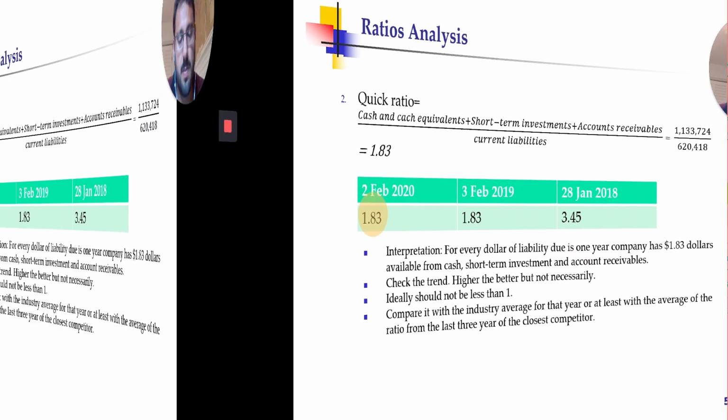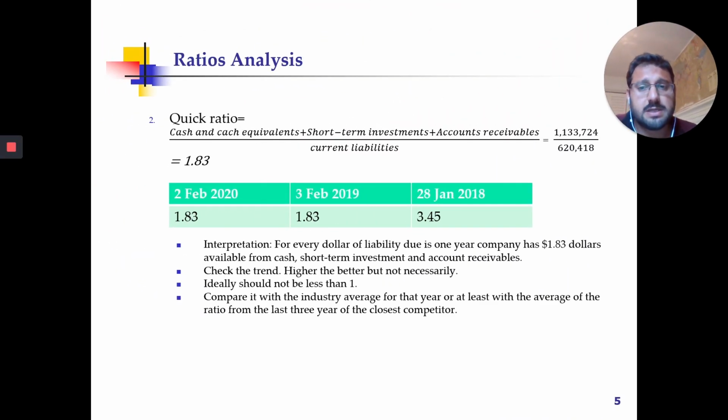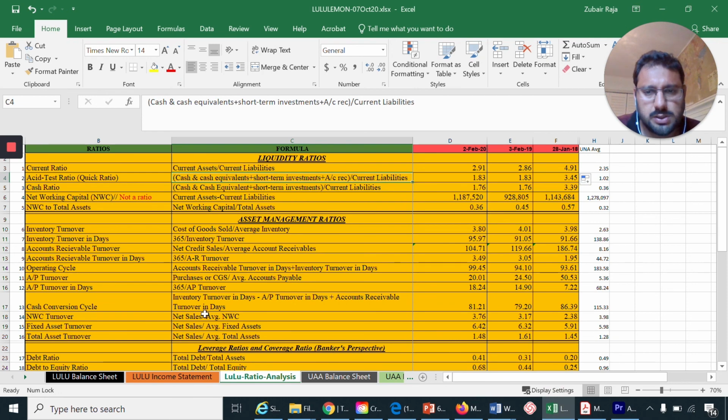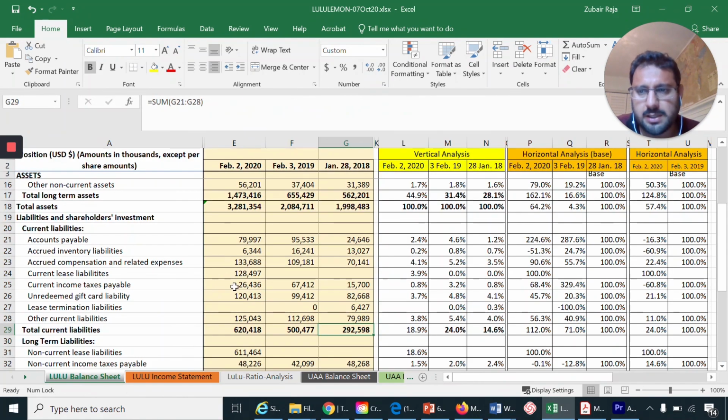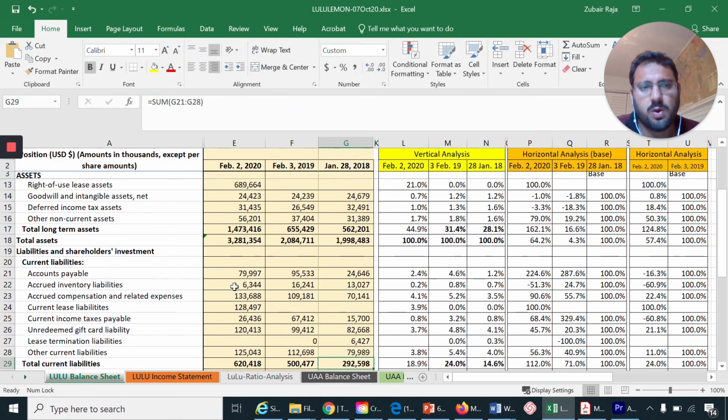One question that obviously comes to your mind is why there is a sudden jump over here. So I tried to figure out what could be the reason, and I figured out that there are two items which actually increased. We know that in the numerator you have the cash, short-term investment, and accounts receivable, and in the denominator we have current liabilities.